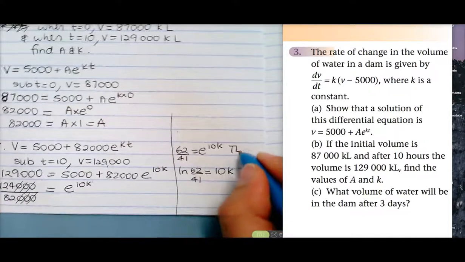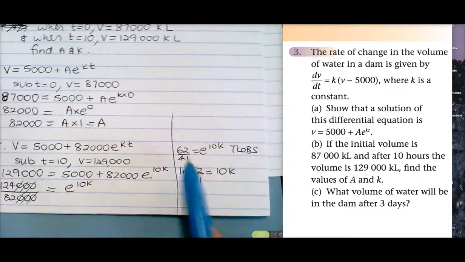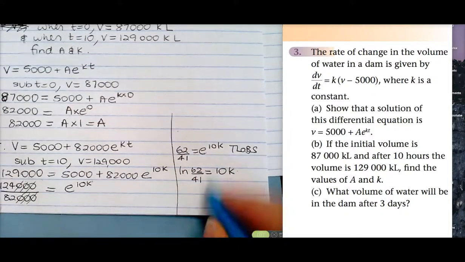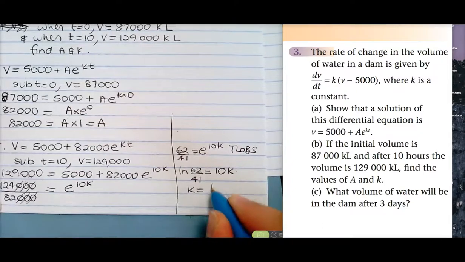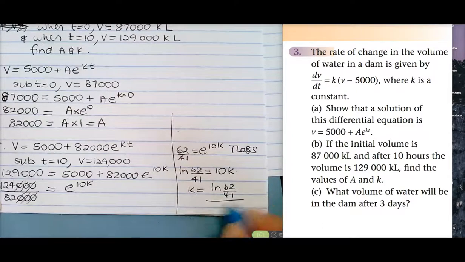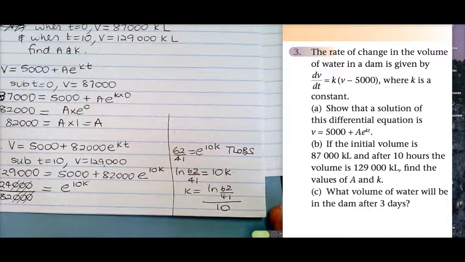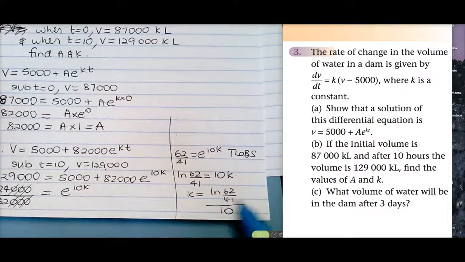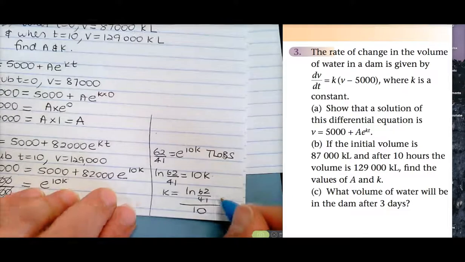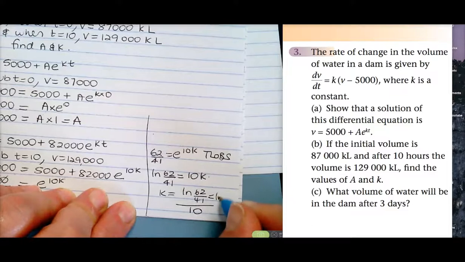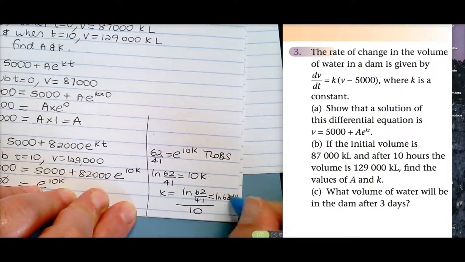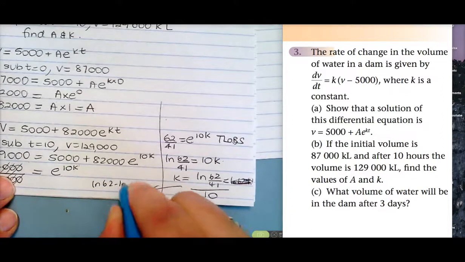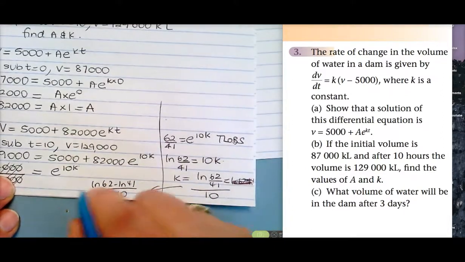Since ln e is 1, 10k is that, therefore k is ln 62 on 41 divided by 10. I don't think they want an exact value. Actually, that's ln 62 minus ln 41 on 10. That's what k is.